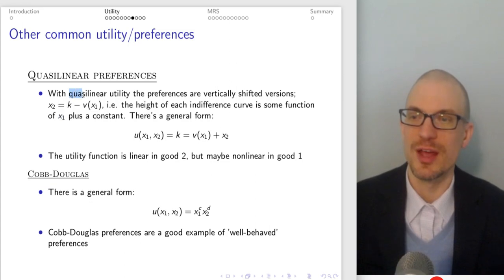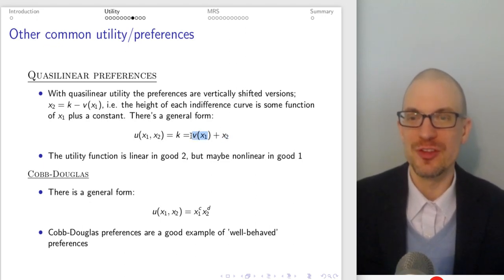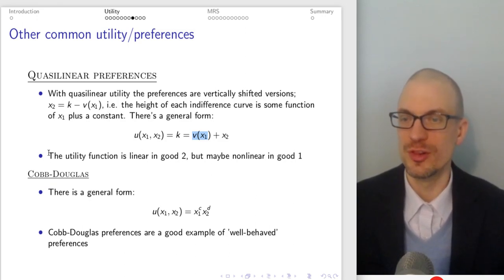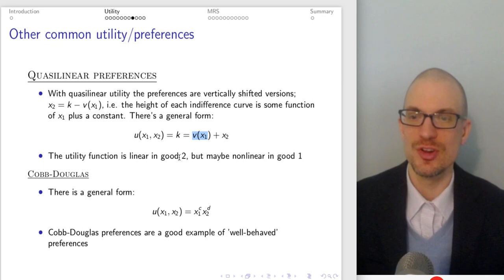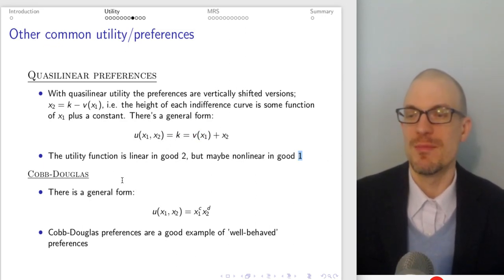Quasi-linear just means you've got a linear component and a non-linear component. So we're assuming x2 is linear, and the coefficient here is just 1. V of x1 we're assuming is non-linear. Maybe it's ln of x1, maybe it's x1 squared, square root of x1, whatever. So the utility function is linear in good 2, possibly non-linear in good 1, and that makes our quasi-linear utility.